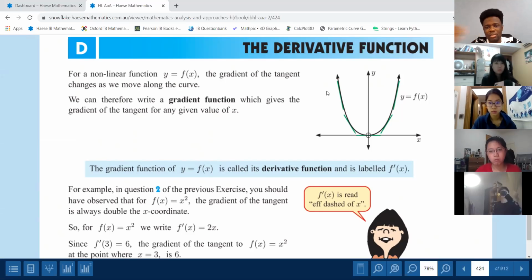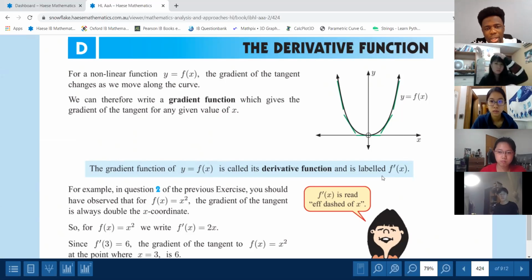So because the gradient varies, then we can describe the gradient as a function, some function g, for example, such that when x is 1, you get a different gradient. When x is 2, you get a different gradient. So that function that describes the gradient at any point x is the gradient function of f, and that is represented by the symbol f dash x.